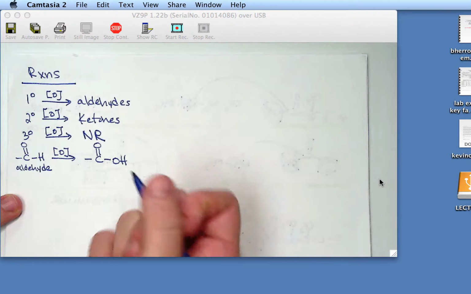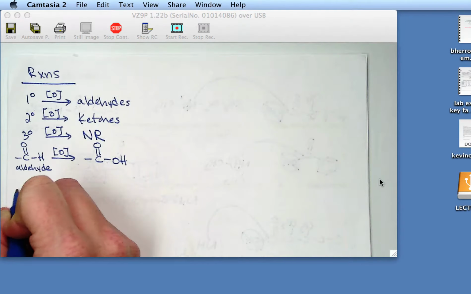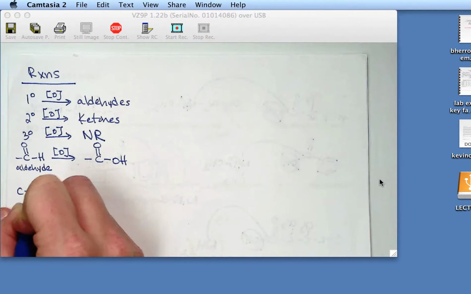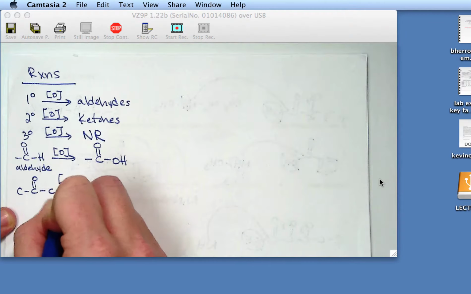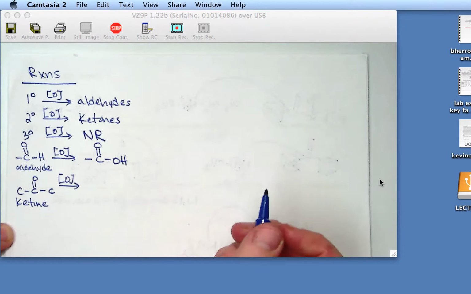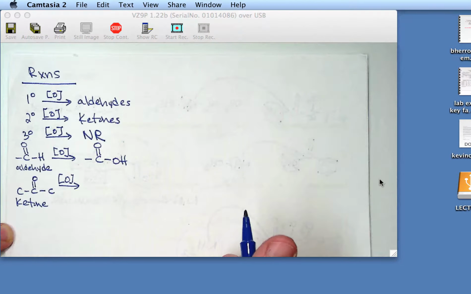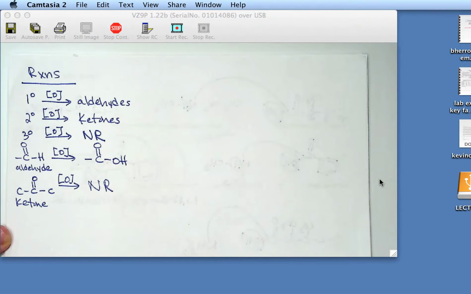And then we have a ketone. Will the ketone be oxidized? No reaction. Good.